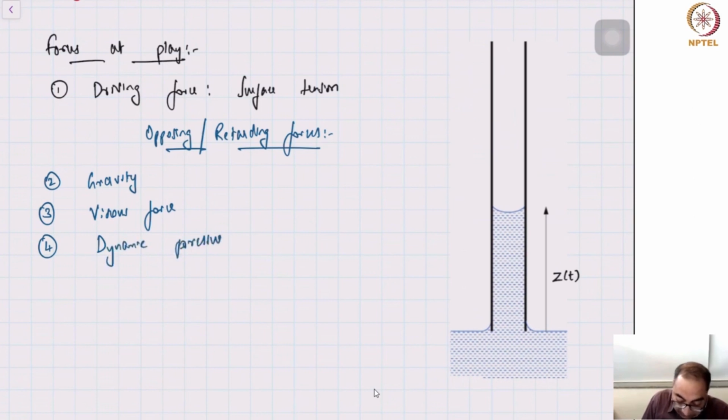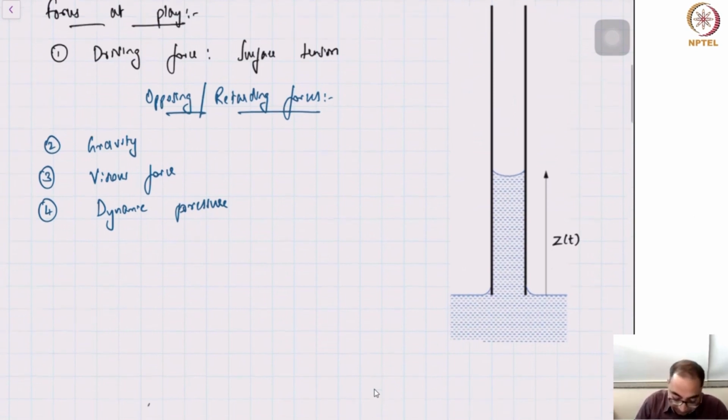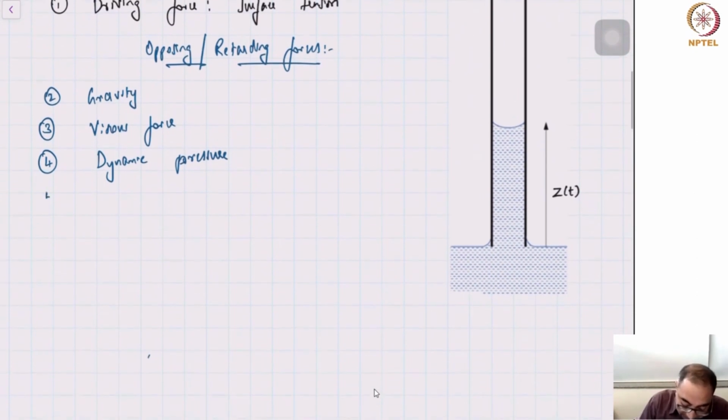We'll look at it more closely, but the general idea is that when a fluid is moving with a certain velocity, the pressure is actually lower because of Bernoulli's equation, and that tends to pull the fluid back, and therefore it appears as a retarding or opposing force. And finally, we have inertia. The heavier the fluid is, the more force you would need to pull it up. So these are the four forces.